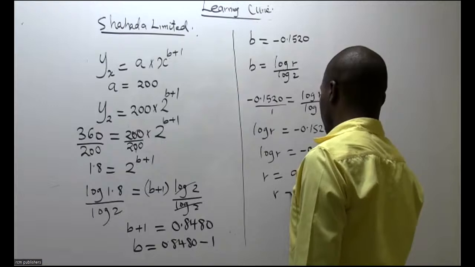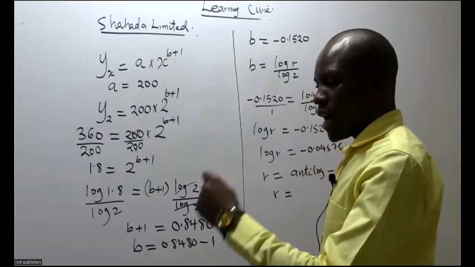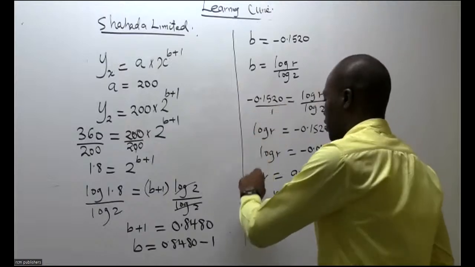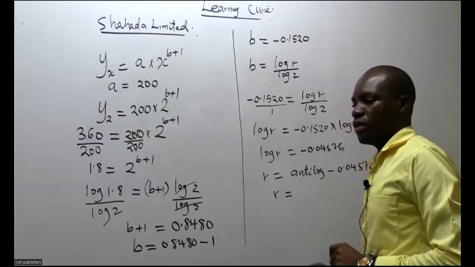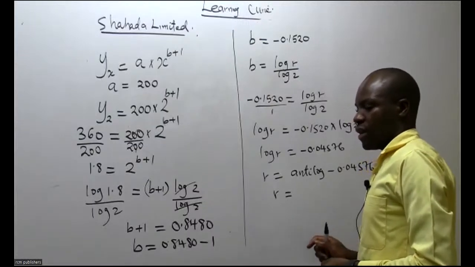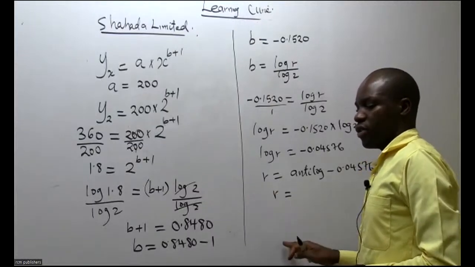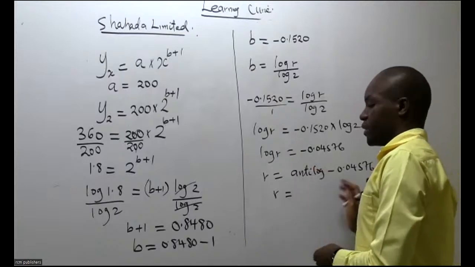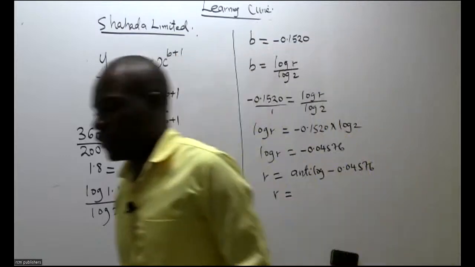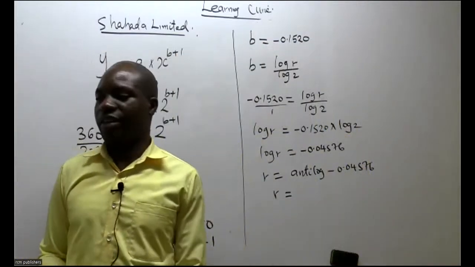So what will be the value of R? If you get the anti-log of your answer, just go to Shift, then click on log, then the answer. What will you have? I want to see those who are effectively using their calculators.